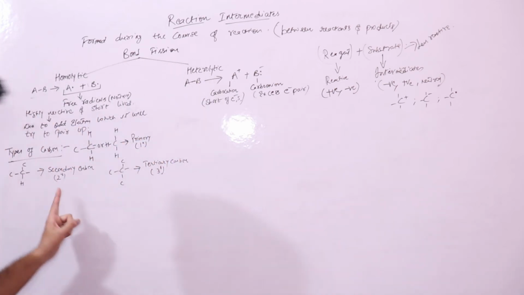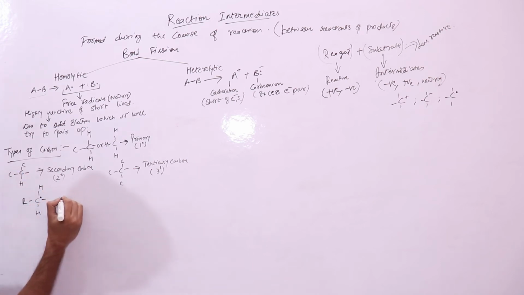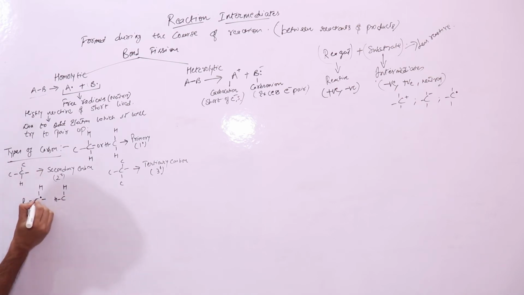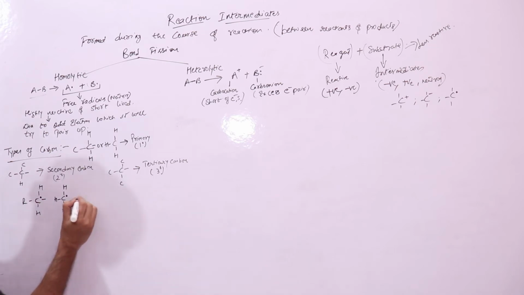For example, if we talk about a primary carbon atom, you have 1 electron here, so this is your primary free radical. Or if it is like this, because this methyl group has a carbon atom, in a way this carbon is connected to one carbon atom. If it is connected to all hydrogen atoms, no carbon atom, then also it's a primary free radical.